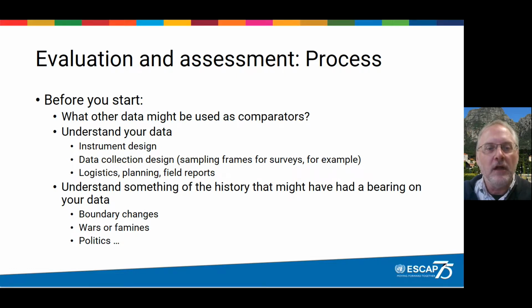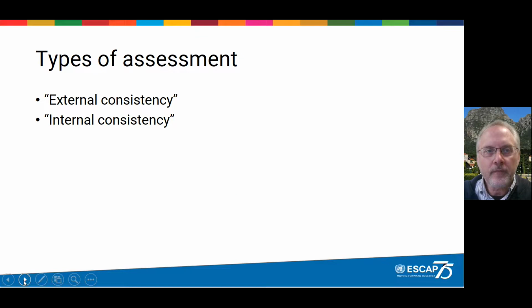And you'd need to ensure that you're working with consistent boundaries over different periods of time. You'd need to be aware of wars, famines, ecological disasters, which might have affected the collection of your data. And you'd need to understand if there are any political dynamics which might have compromised the collection of your data.